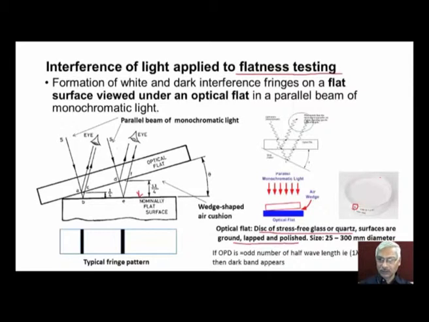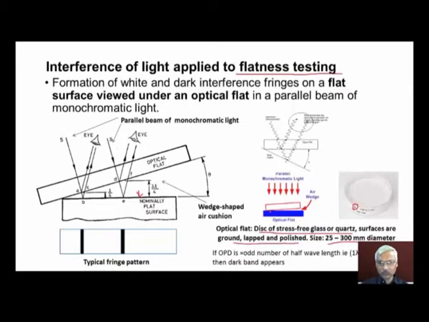They are available in different sizes, from 25 millimeter diameter up to 300 millimeter diameter. Using this optical flat and a monochromatic light source, we can get the fringe pattern, and the fringe pattern will tell us about the flatness of the surface under test.